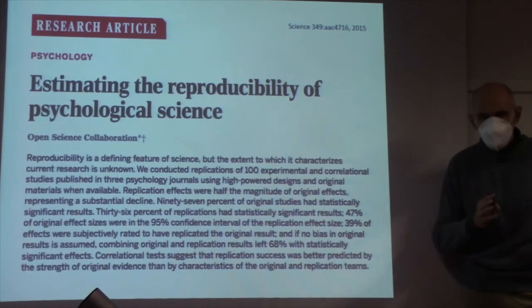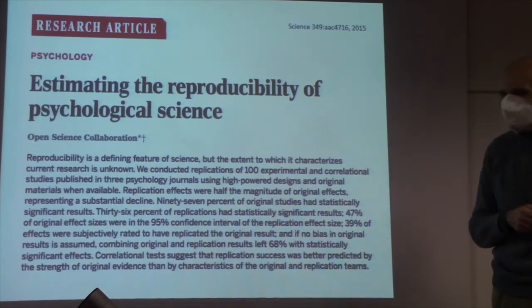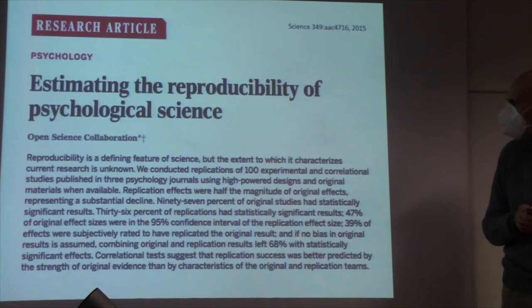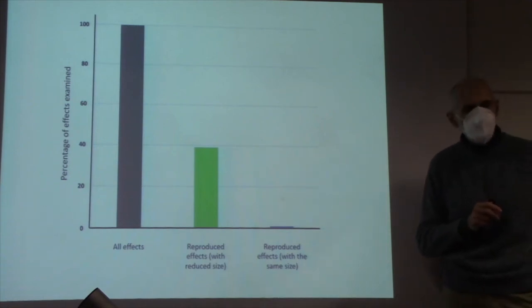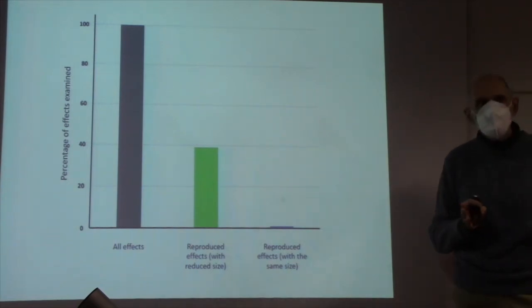They had them check their method, they collaborated even physically in presence in order to reproduce the results, and eventually the results of the study were very disappointing in that out of 100 effects measured, they attempted to reproduce, 39% were reproduced, albeit with reduced size.